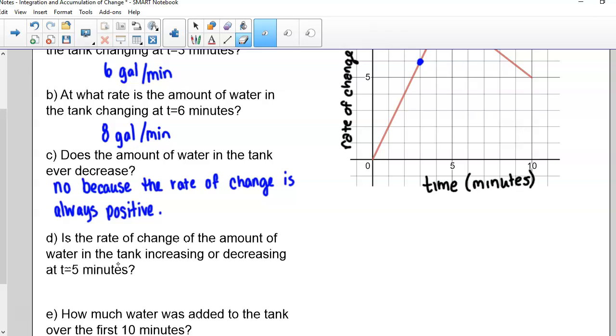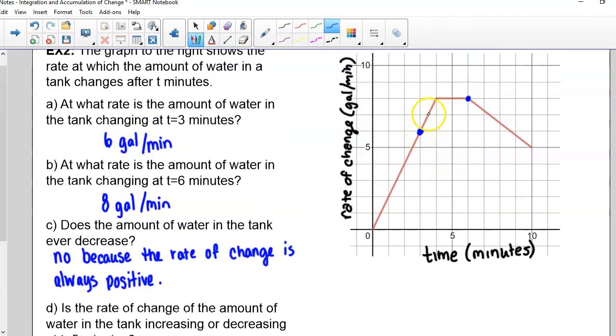All right, D says, is the rate of change of the amount of water in the tank increasing or decreasing at t equals 5? And actually, it's a little bit of a trick question. It is constant, right? So you would really say neither. Because if we're looking at whether the rate of change is increasing or decreasing, then we are looking at whether or not this line is going up or down.